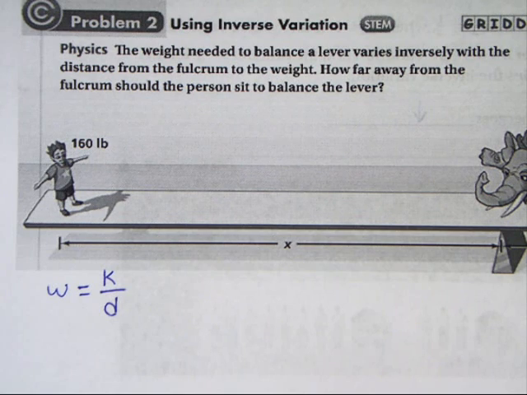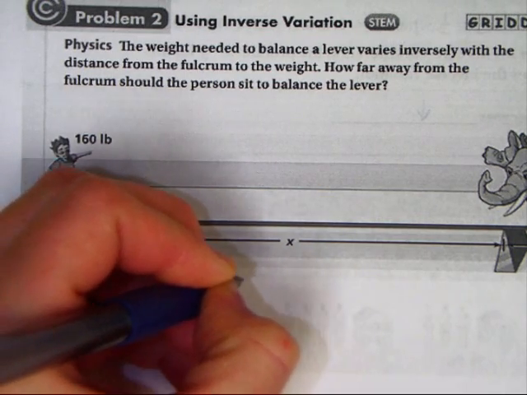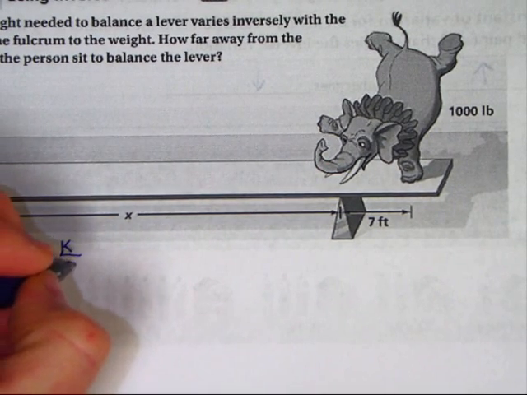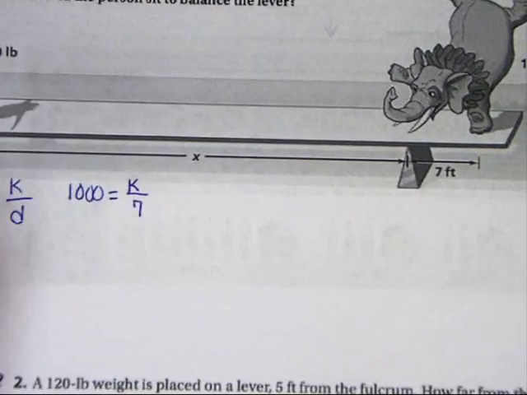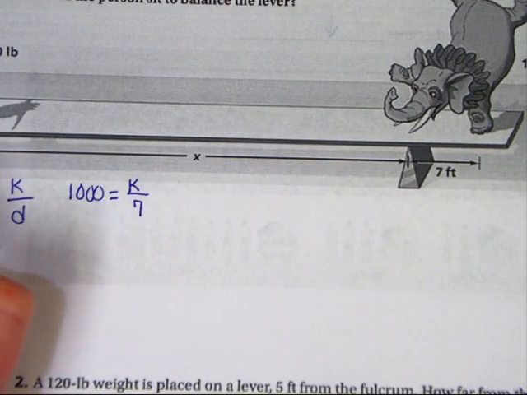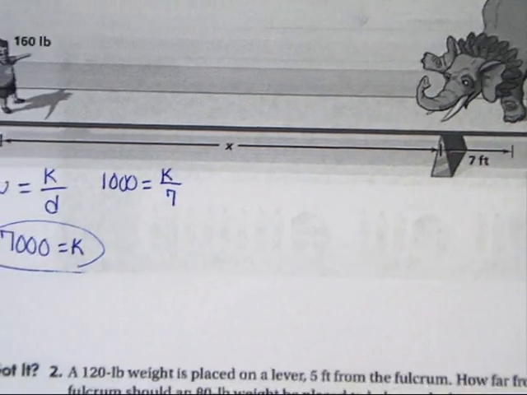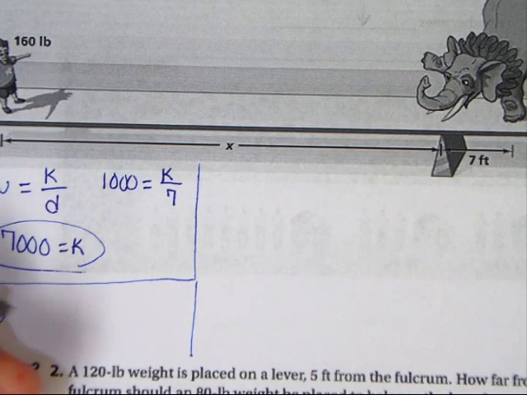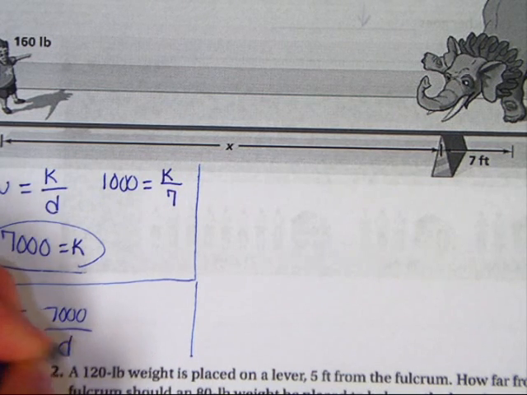We know we have 1,000 for the weight of the elephant, and that's going to equal K over the distance of the elephant from the fulcrum, which is 7. Multiply both sides by 7, and we'll figure out what K is right away. So we get 7,000 equals K. That's the constant of variation, so we can make our general formula W equals 7,000 over D.